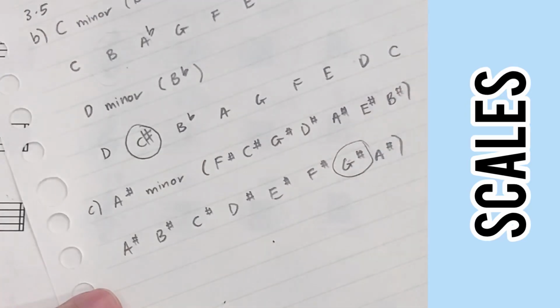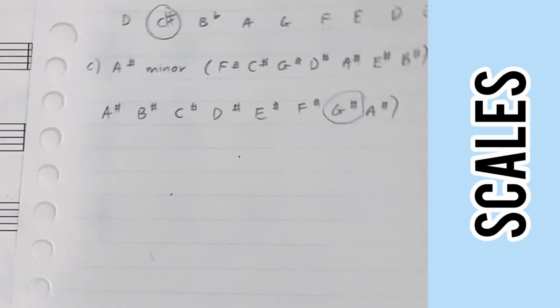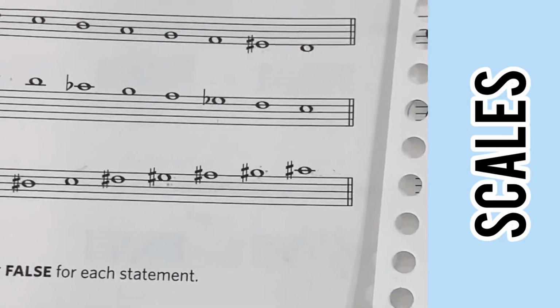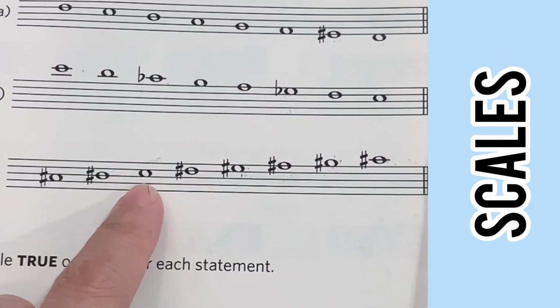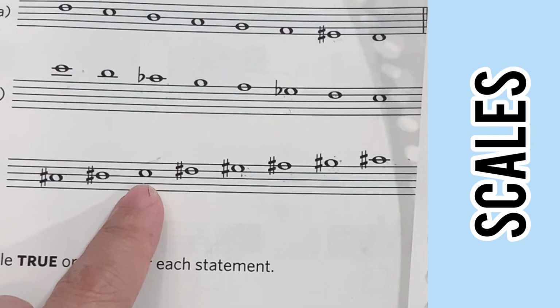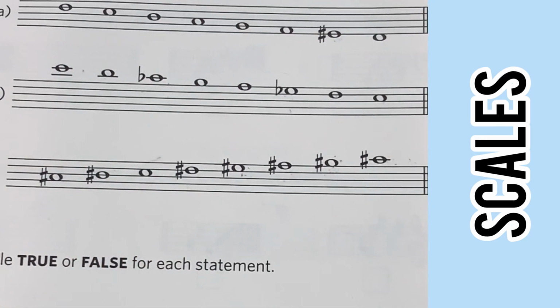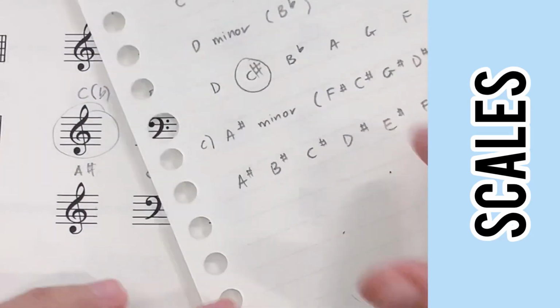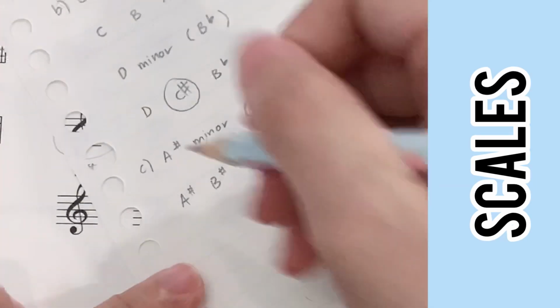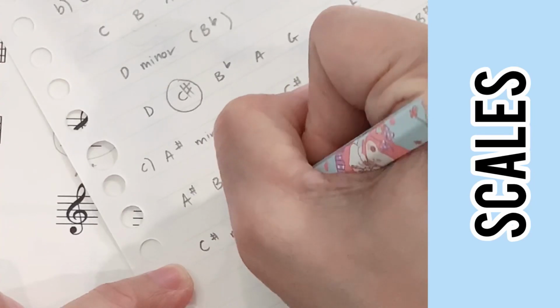G is the 7th note, therefore it should be raised to G double sharp, but here we can see that it's not, and there is no sharp for the E. Hence, it is not the answer that we're looking for. So we'll move on to C sharp minor.